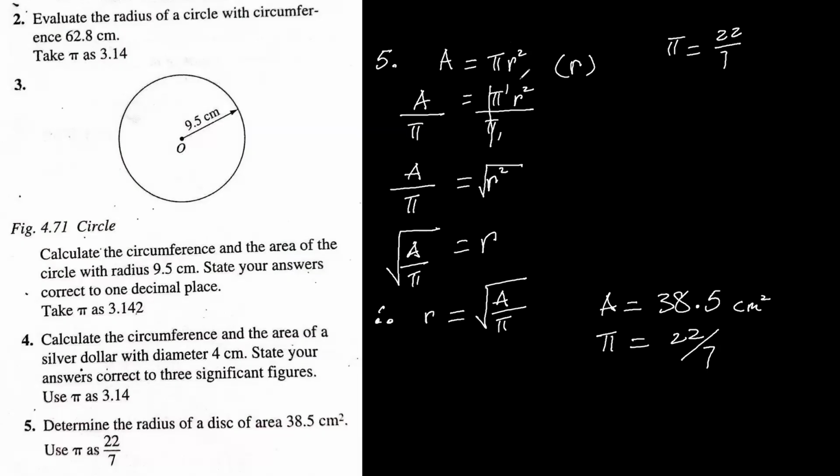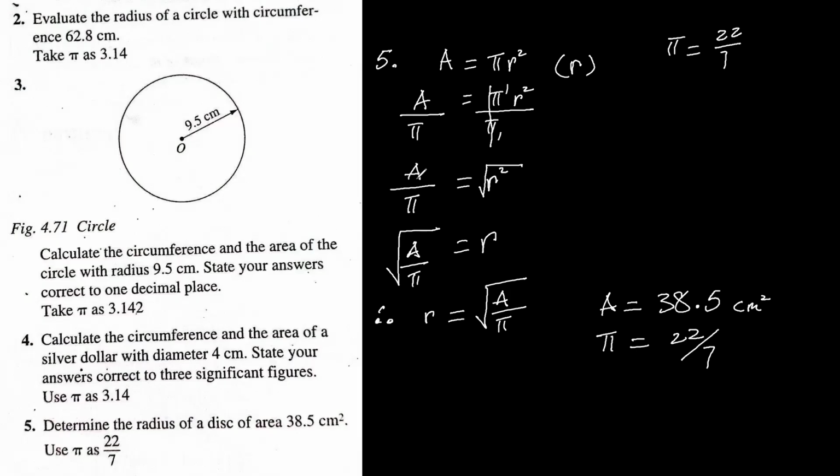So, Mikhail, we are finding for r. We already know the formula. r is equal to the square root of A divided by pi. They gave us what A is, 38.5. What pi is, 22 over 7. So I want to know what the radius is.